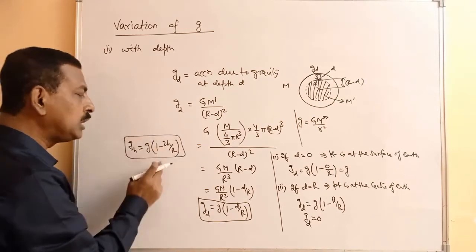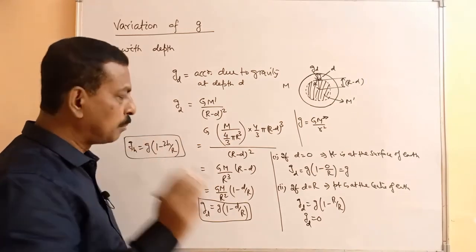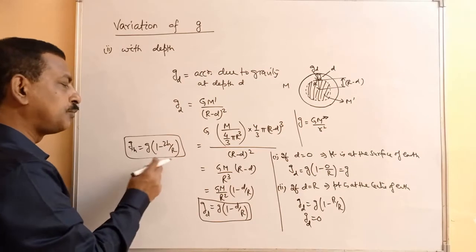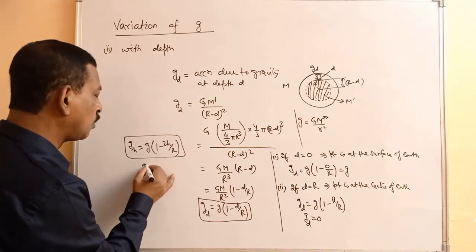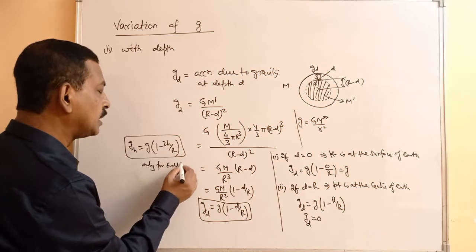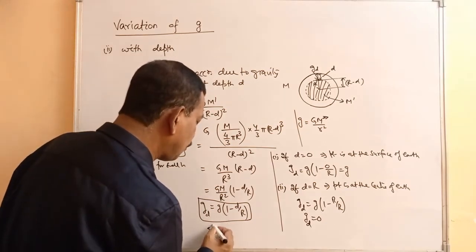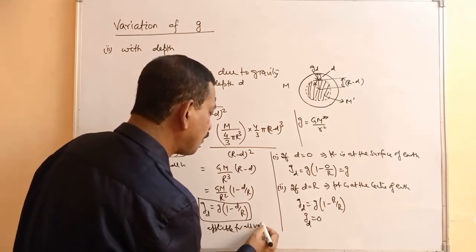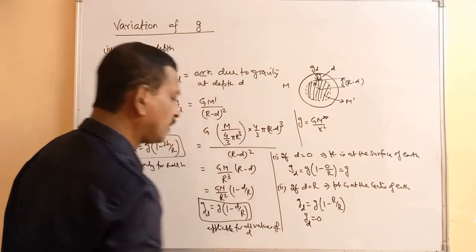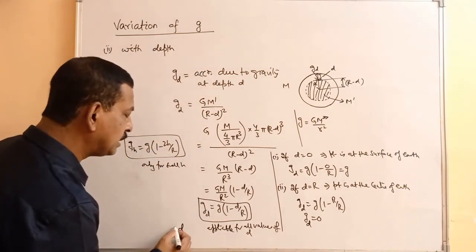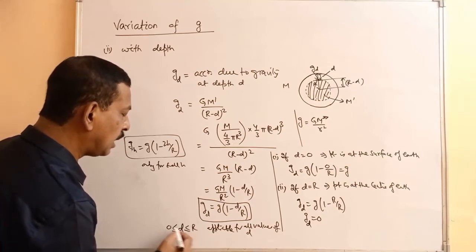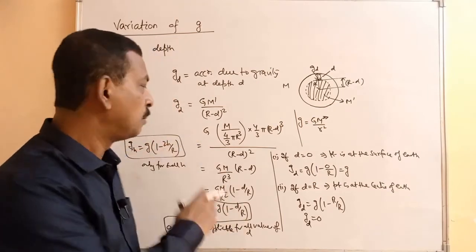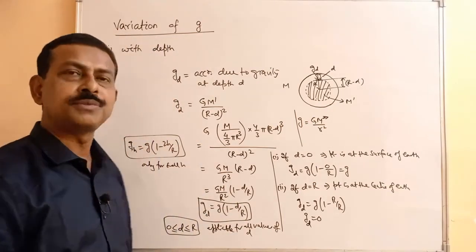This was applicable only for a small h, but this new formula is applicable for all values of d. And what does it mean? That means d should vary from 0 to R. So it is applicable for all values, but the earlier one is applicable only for a small value of h.